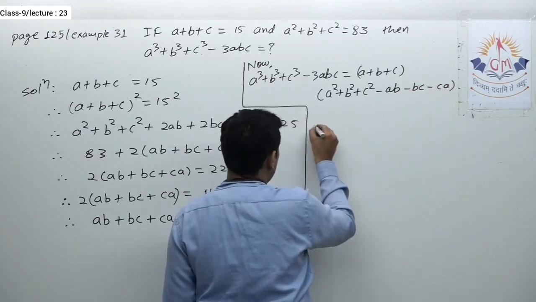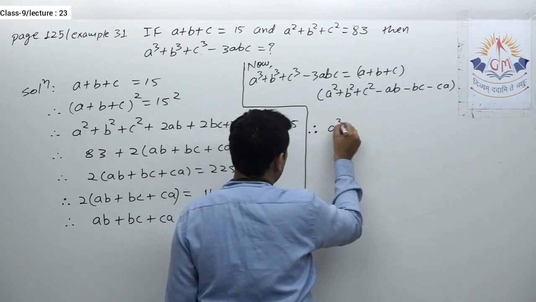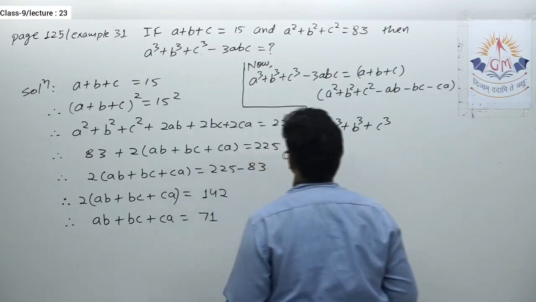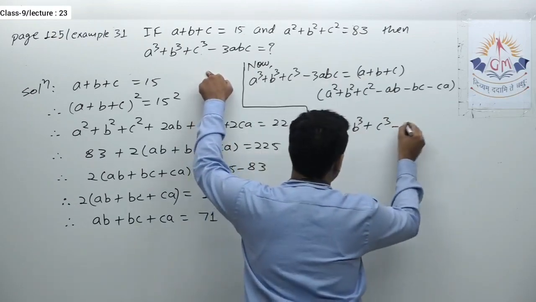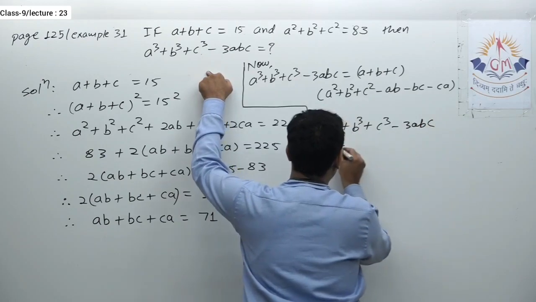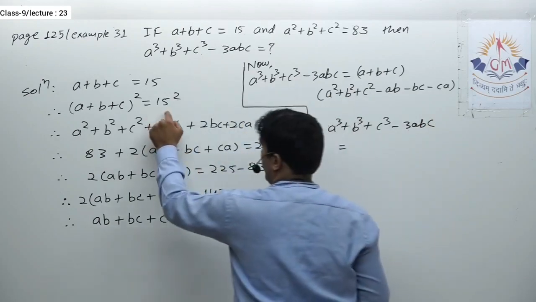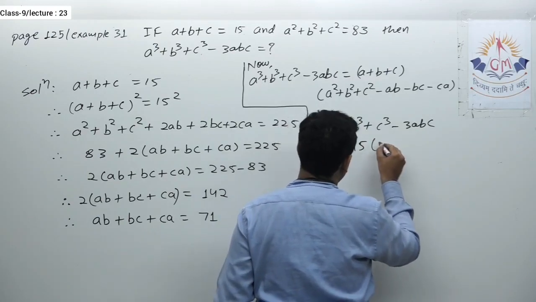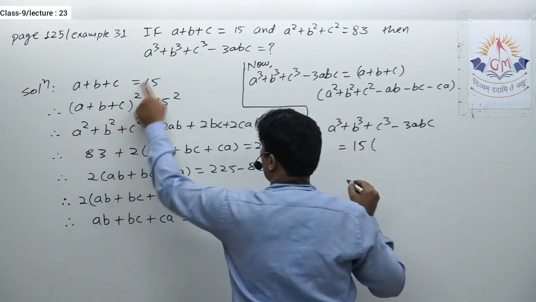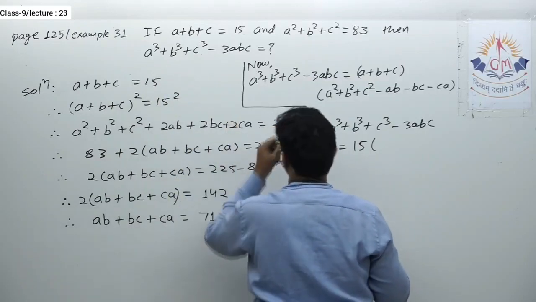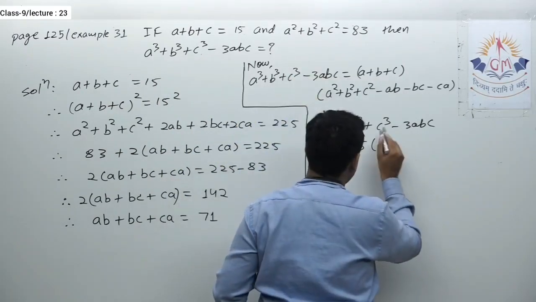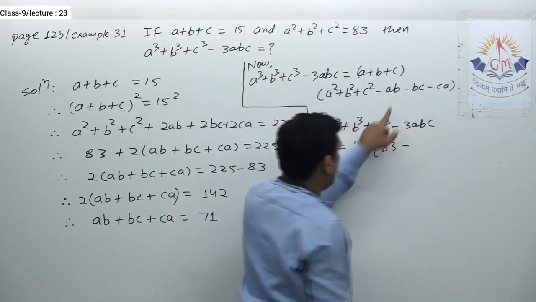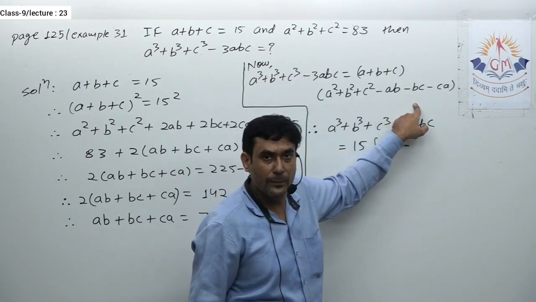Therefore I can write a cube plus b cube plus c cube minus 3abc, we have to find this only, is equal to, at the place of a plus b plus c I can put 15, multiplied by, at the place of a square plus b square plus c square I can put 83. And if I take the minus sign common, I will get ab plus bc plus ca.